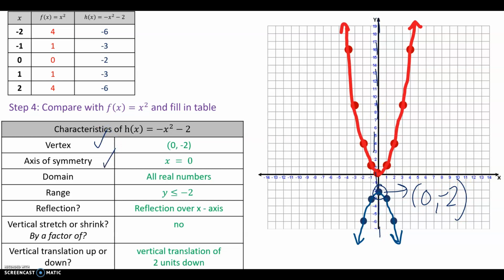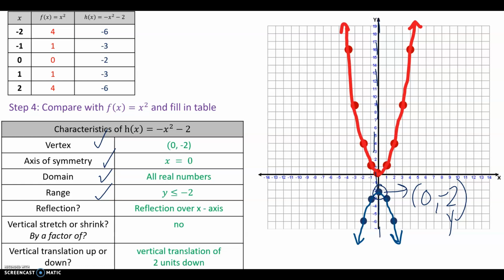That is x equals 0. Our domain still has not changed. It's still going to be all real numbers. Now your range obviously has changed because your y value is negative 2, and it's covering all numbers that are less than or equal to negative 2. And was there a reflection? Yes, there was a reflection over the x-axis.